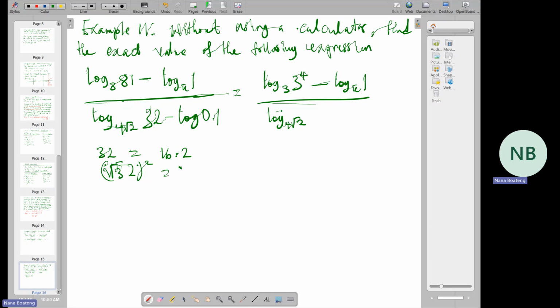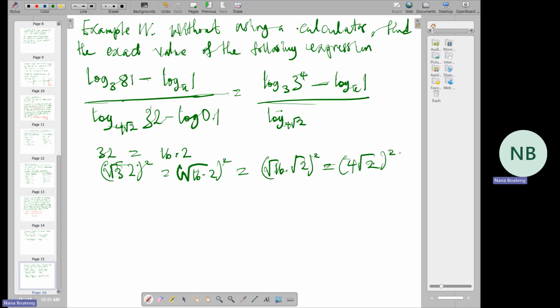And this is equal to square root of 16 times 2 all squared. And this is also equal to square root of 16 root 2 all squared. Right? So square root of 16 is 4. So this is equal to 4 square root of 2 all squared.